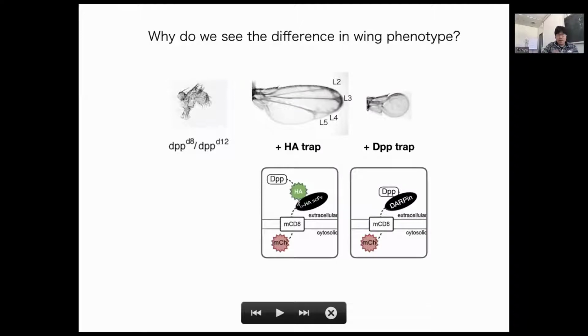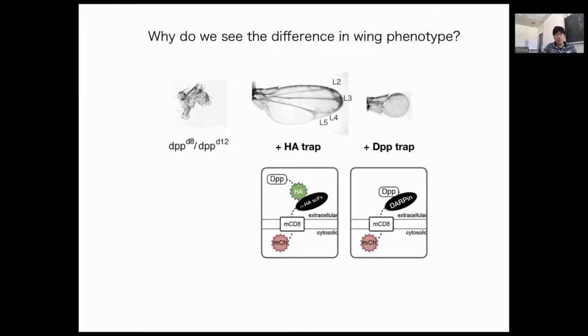So of course we don't know the answer yet, but if we see how they really act to trap DPP, you may find a reason. As I said, HA trap and DPP trap are both on the cell surface and trap DPP, but the way they trap is slightly different.